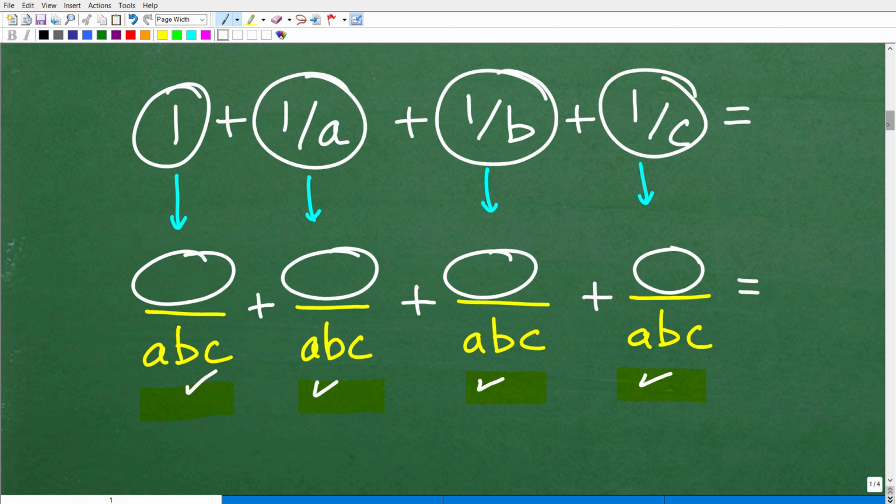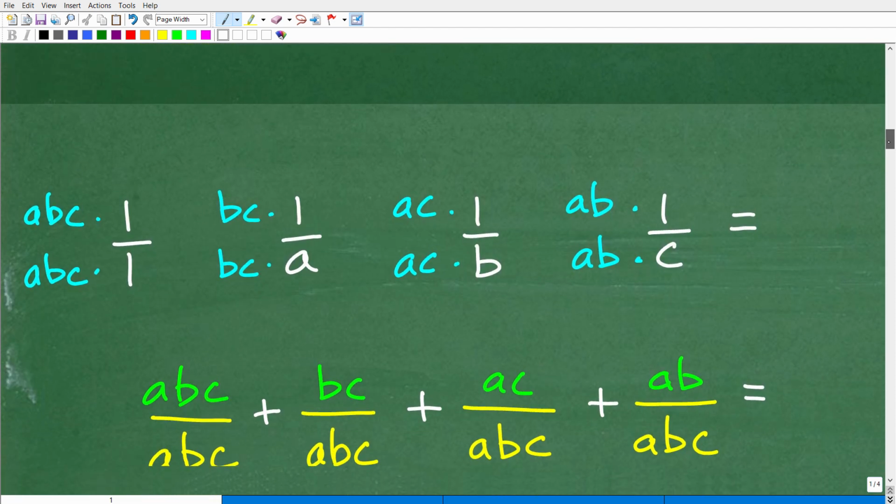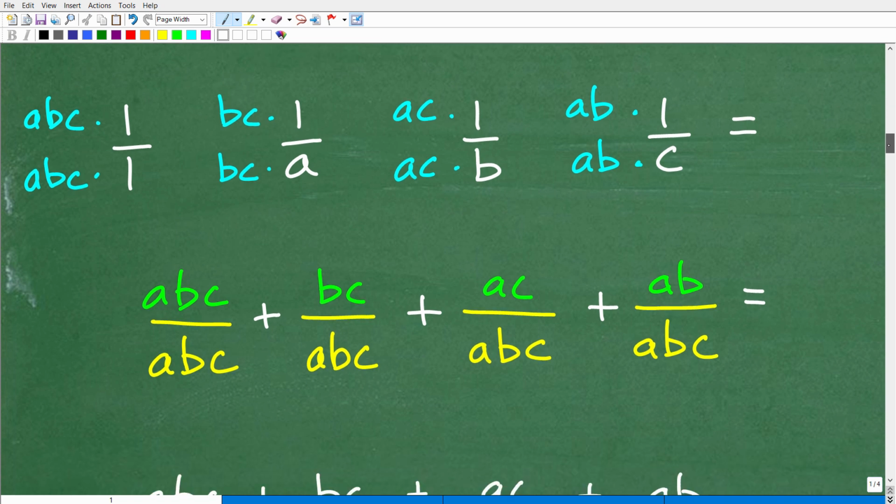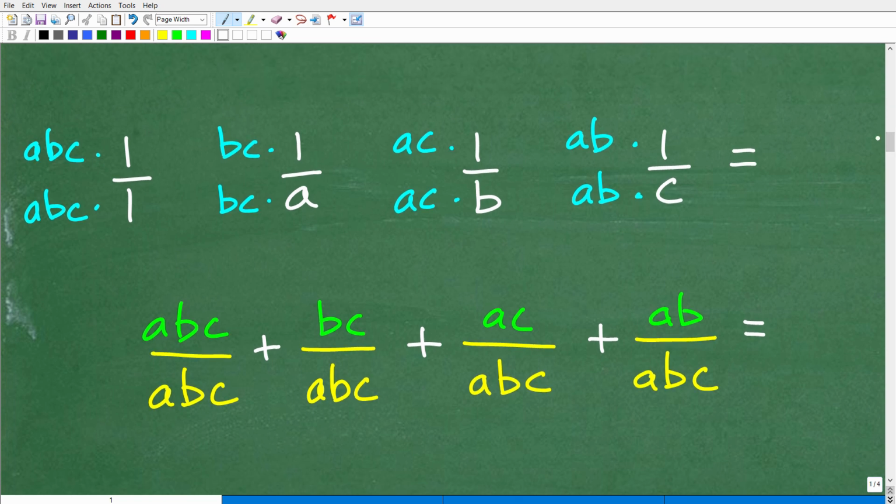So let's go ahead and do that now. How do we do this? Let's carefully review the process here. Each of these fractions has to have the denominator A, B, C. Let's take a look at our first number. We had 1, or 1 over 1. How do I get an ABC as a denominator? Well, easy.